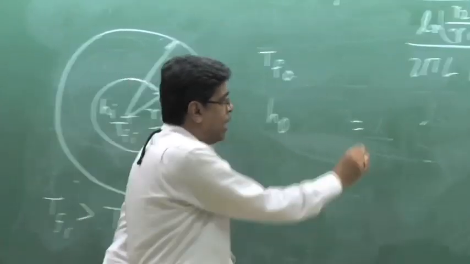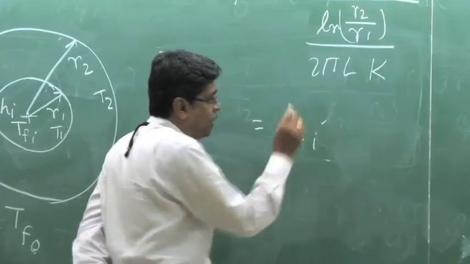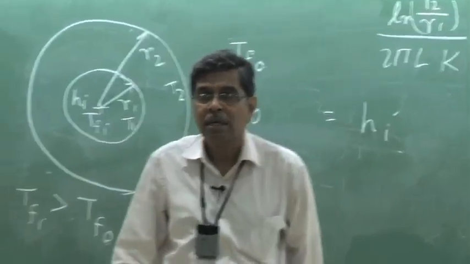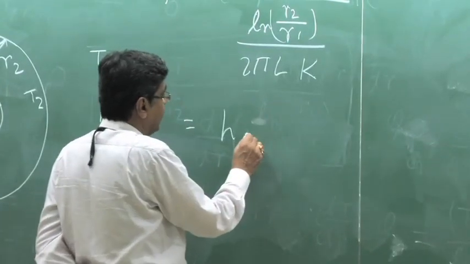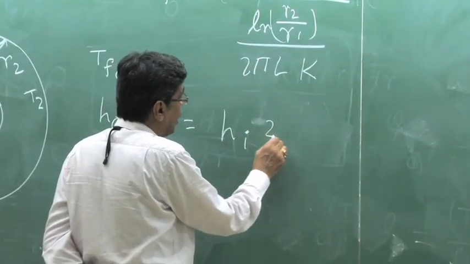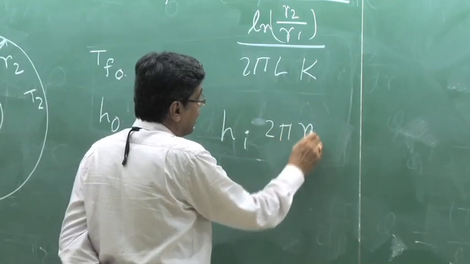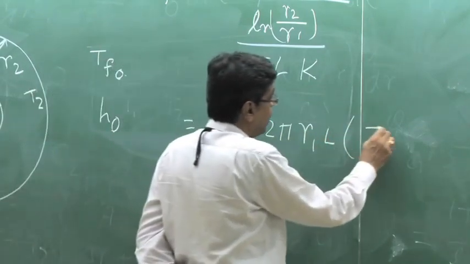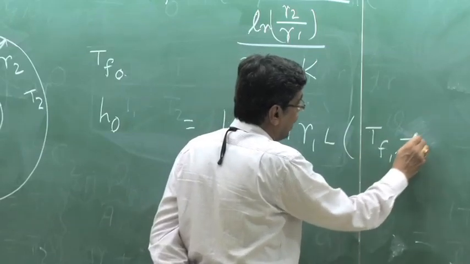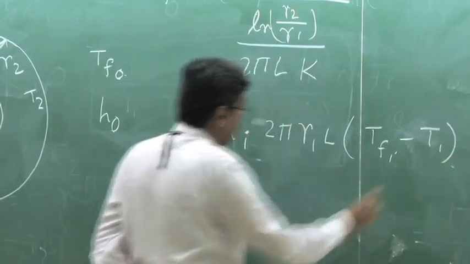that of the outer fluid, then by our definition of the heat transfer coefficient in convection heat transfer, Q can be written as heat transfer coefficient into area, twice pi R1 L, the inner surface area, into TFI minus T1.